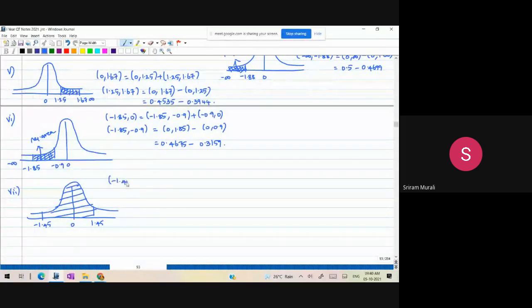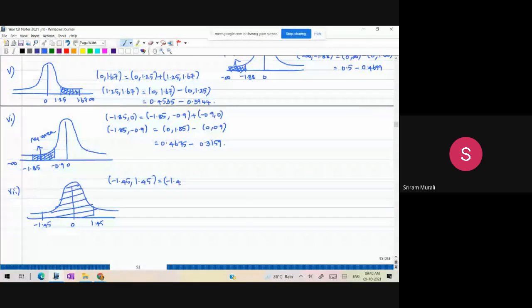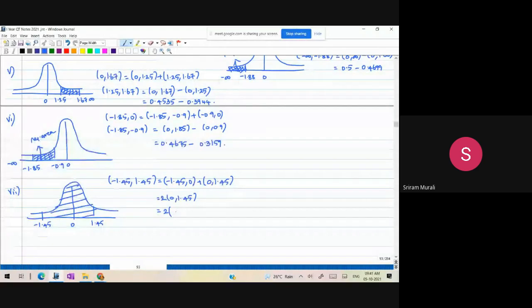Minus 1.45 to 1.45, I break it as minus 1.45 to 0 plus 0 to 1.45. So always you should have a point of reference 0. So this will be 2 times of 1.45. So 2 into what is this value? 0.4265. I hope you have understood how to compute the area.